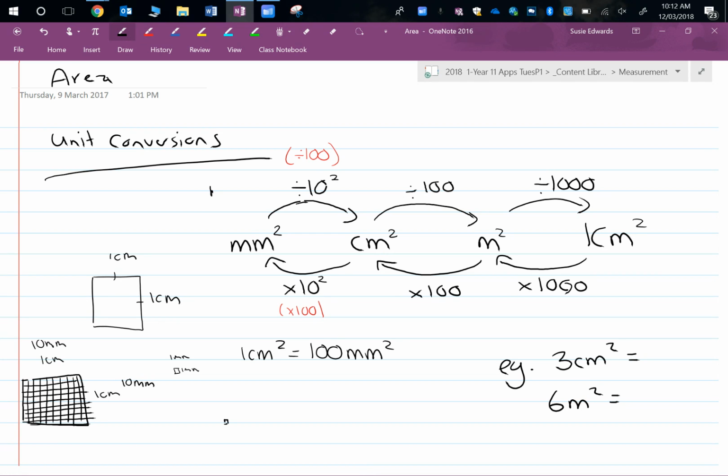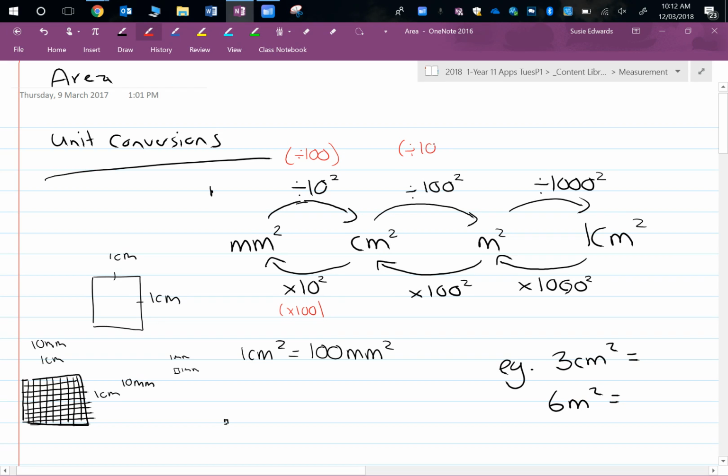So that includes to get from square centimetres to square metres. It's divide by 100 squared. It's times by 100 squared. It's divided by 1,000 squared, which is actually 1,000,000, and times by 1,000 squared. That is now correct. Okay, so can you write this bit down, please? I'll do the red ones, which are the actual numbers as well.